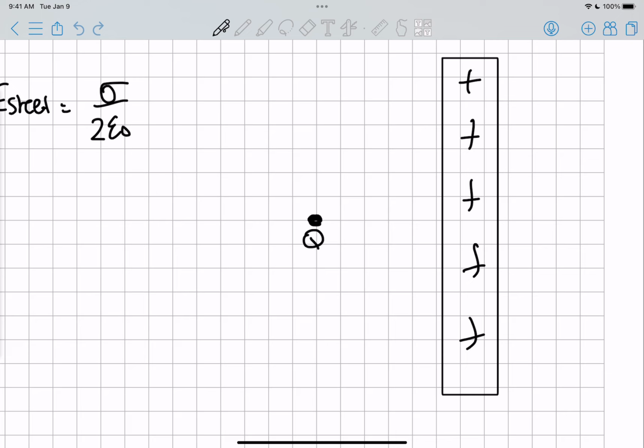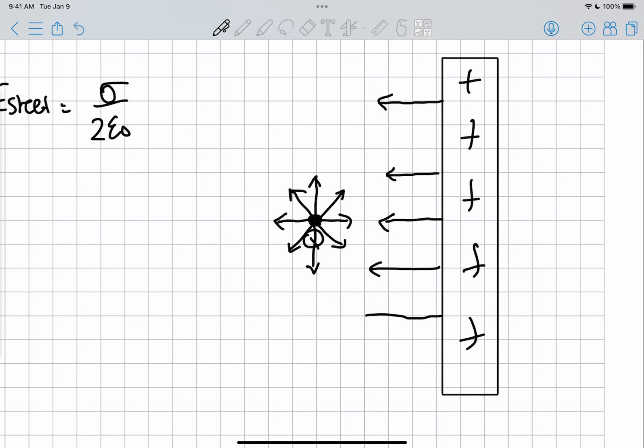Just in general, positive charges in general. Outwards, right? So it'll look something like this for the electric field lines of Q. And for a sheet charge like this, it's still outwards, but it's all perpendicular to the sheet. So it'll look like that.